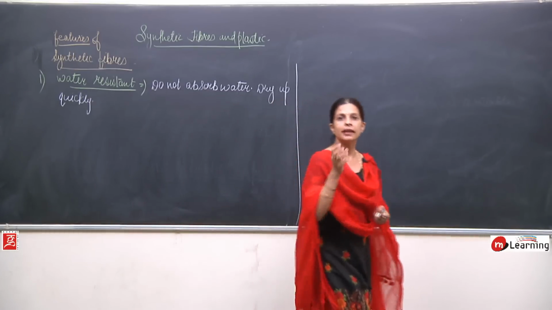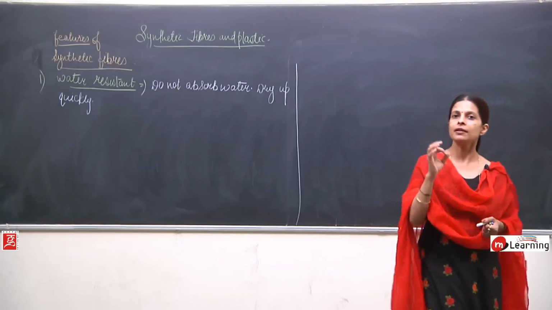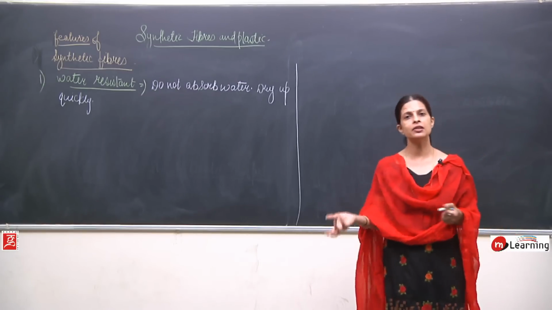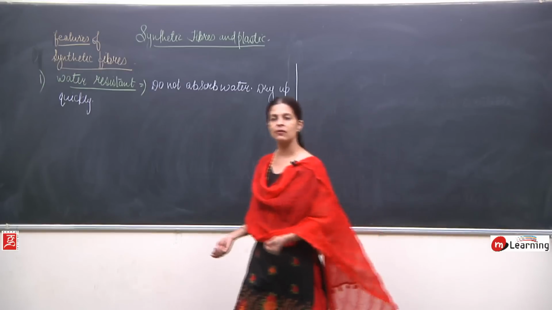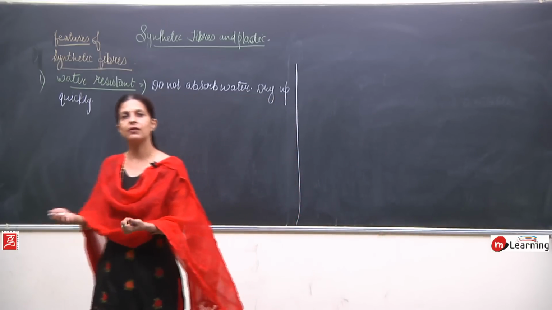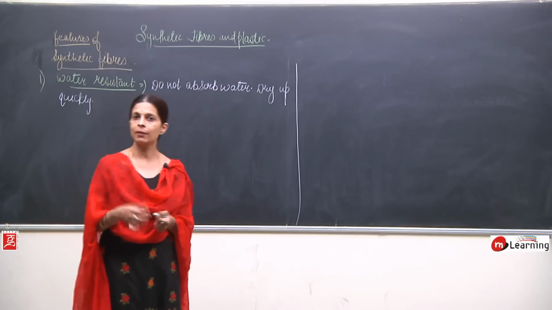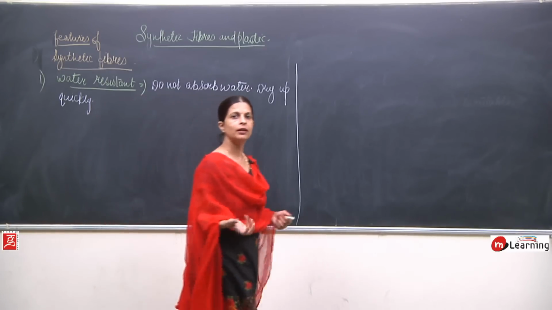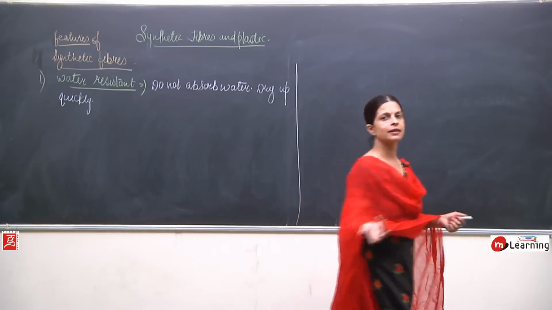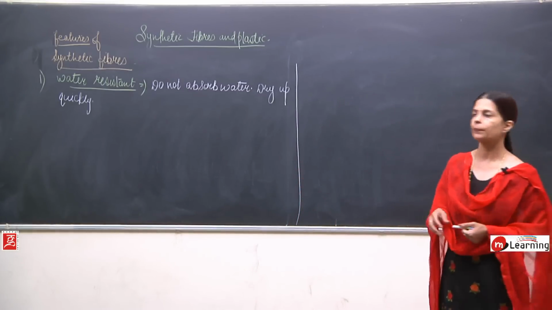That is the reason in rainy days especially the synthetic material is used. So that even if you get wet in the rain, your clothes will be dry, you will be dry after some time. Why? Because these kind of clothes do not absorb water, and so that is the reason it will dry also faster.